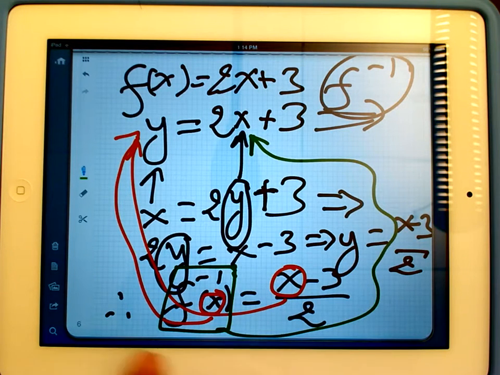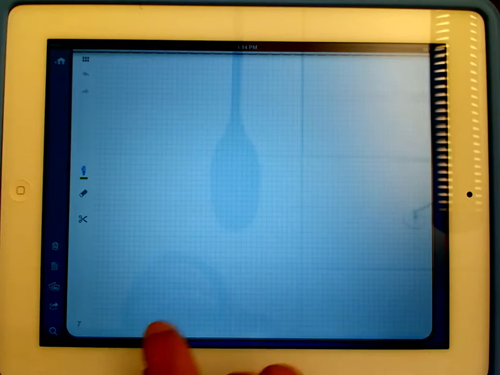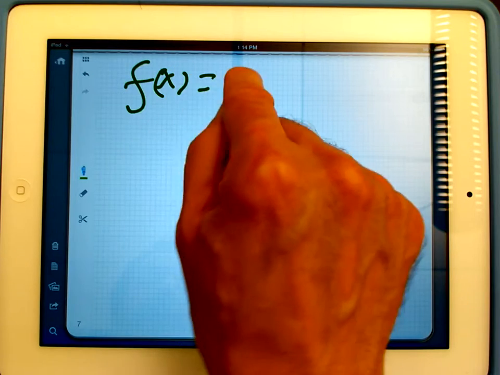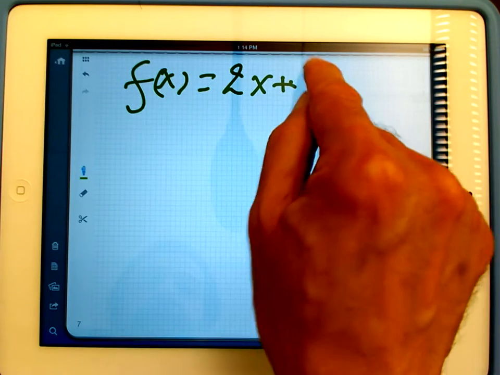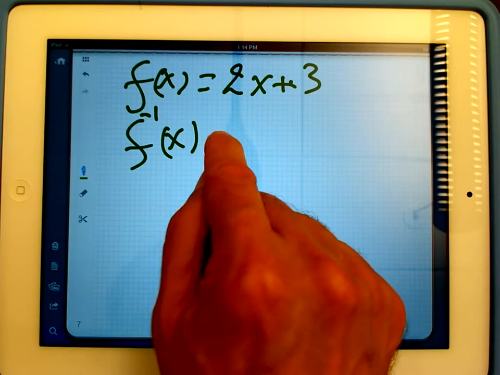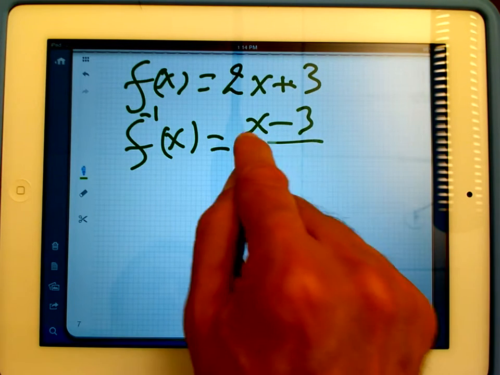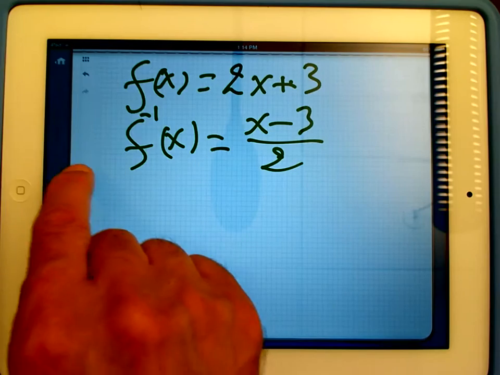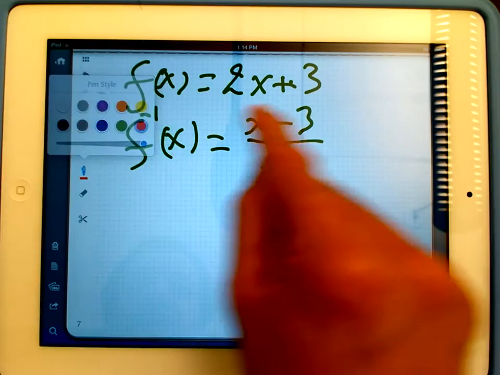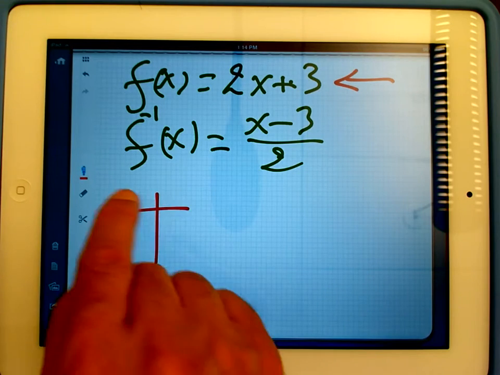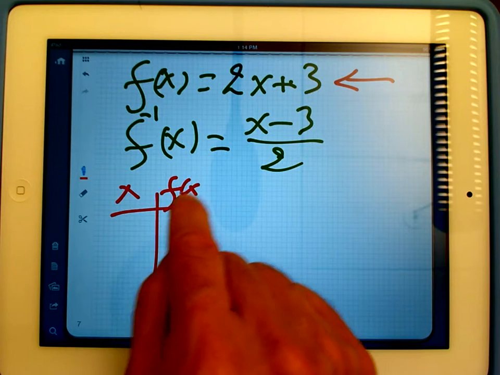So let's do an example with numbers, for instance. We said that the original function f of x is 2x plus 3, and we made the claim that inverse f of x is equal to x minus 3 divided by 2. So let's take this first function and make a little table of values for it, with x and f of x.